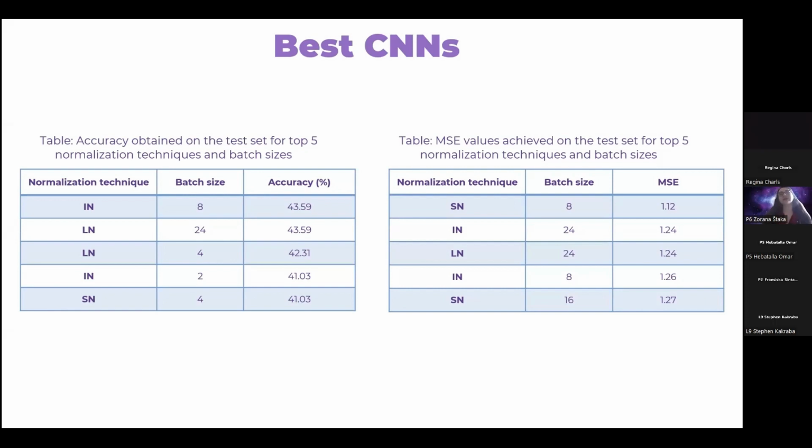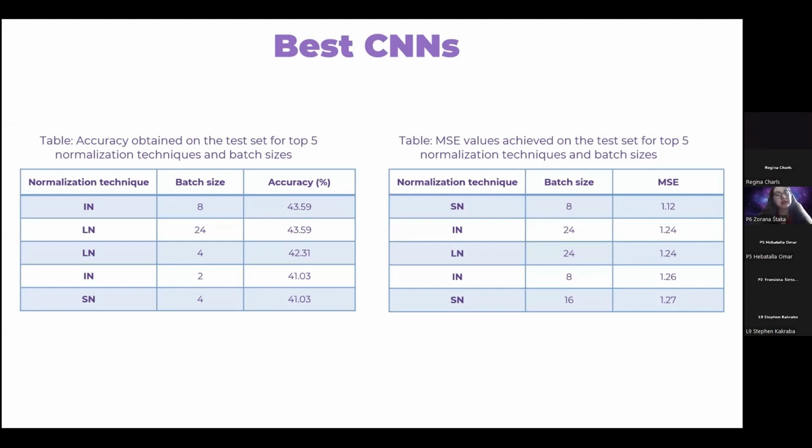And again, it's hard to decide what is the best convolutional neural network and what is the best normalization to use based on only one metric, maybe accuracy or MSE, because maybe the best would be to combine these somehow. But accuracy obtained on the test set for the top 5 normalization techniques and batch sizes is shown on the left.